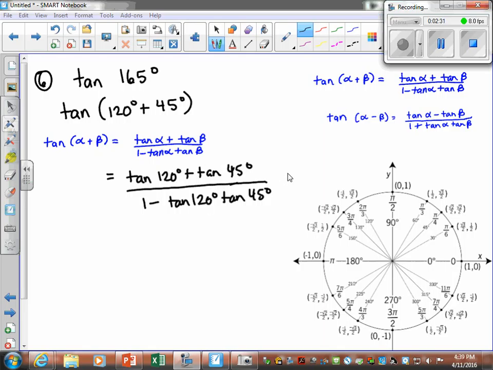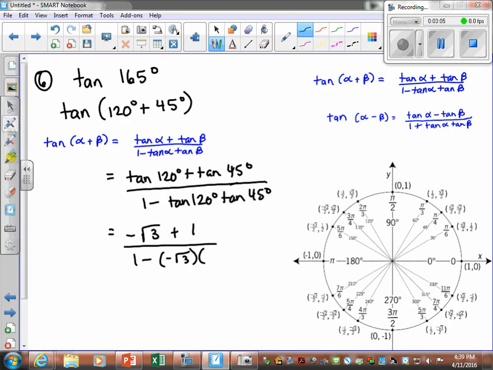So let's go ahead and start working on calculating this. Tangent at 120. Tangent is your sine over your cosine, so that would be the square root of 3 over 2 over a negative 1/2, which would simplify to a negative square root of 3, plus the tangent at 45 degrees would be square root of 2 over 2 over square root of 2 over 2, which is nice, simplifies to a 1. 1 minus tangent of 120 we said was negative square root of 3.